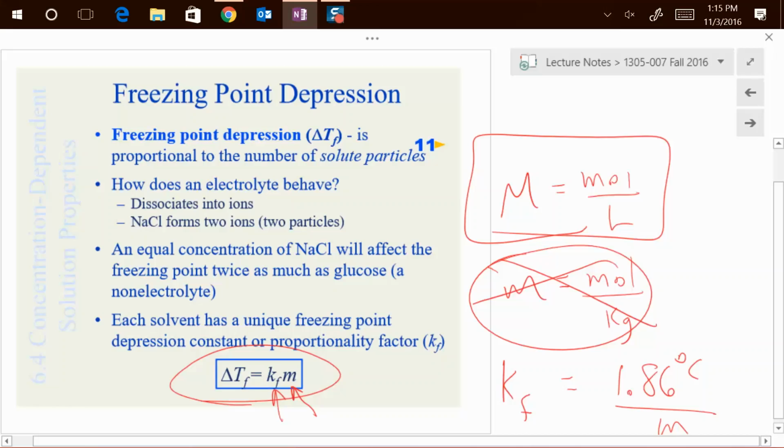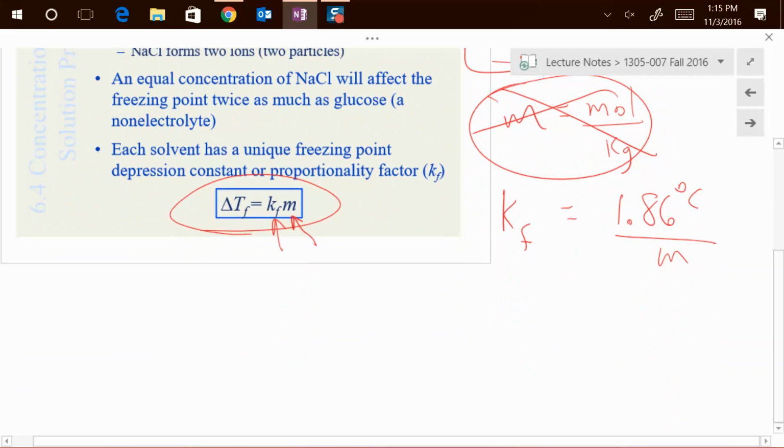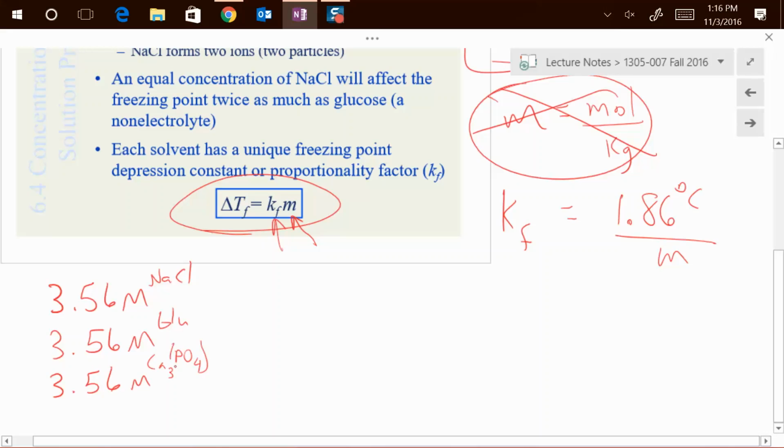So let's look at it for the delta TF. 3.56 molar sodium chloride, 3.56 molar glucose, and 3.56 molar Ca3PO4. So here is your KF.